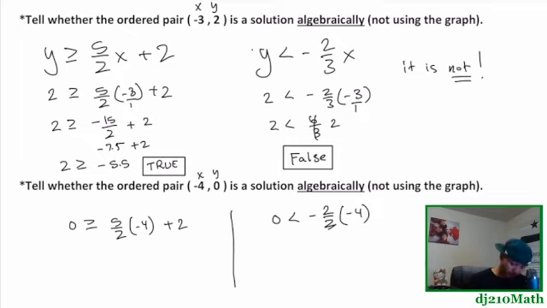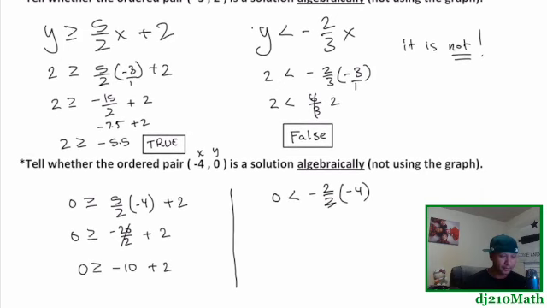So solving the left one, we got 0 greater than or equal to negative 20 over 2 plus 2. Negative 20 over 2 reduces to negative 10, plus 2 is negative 8.